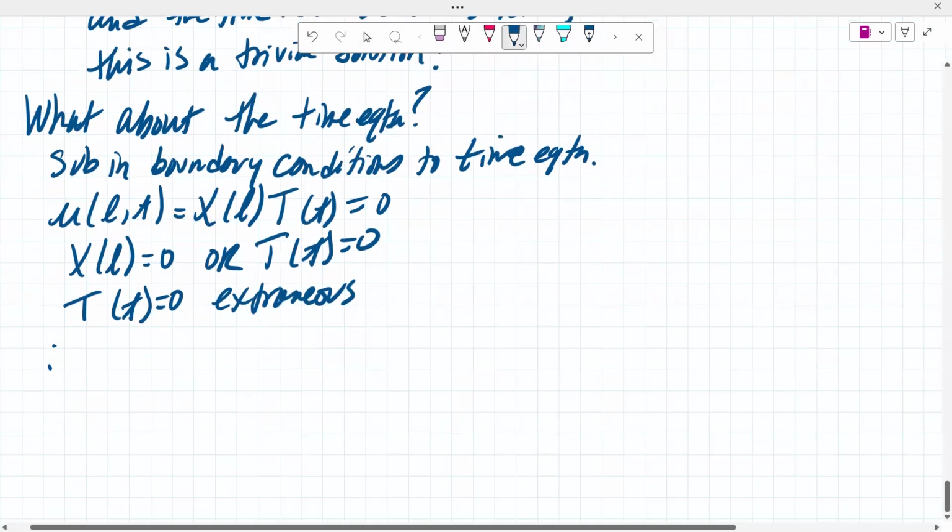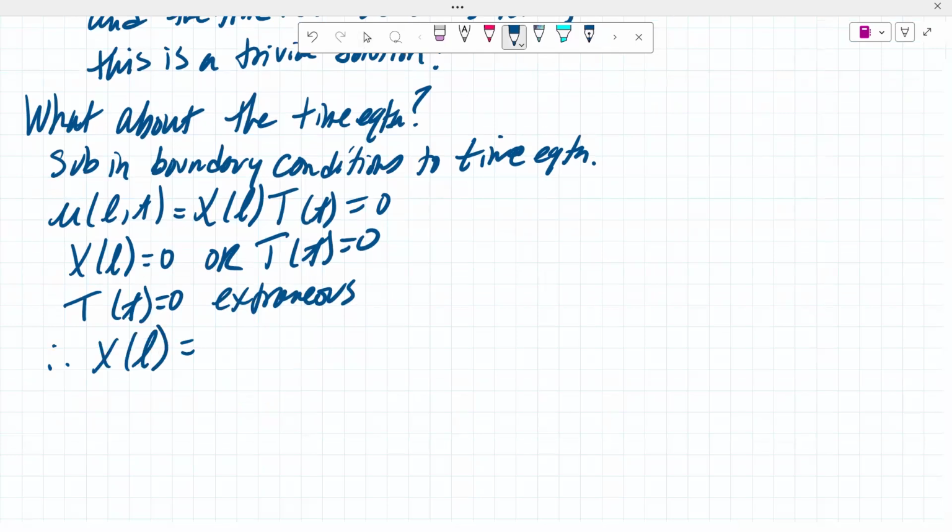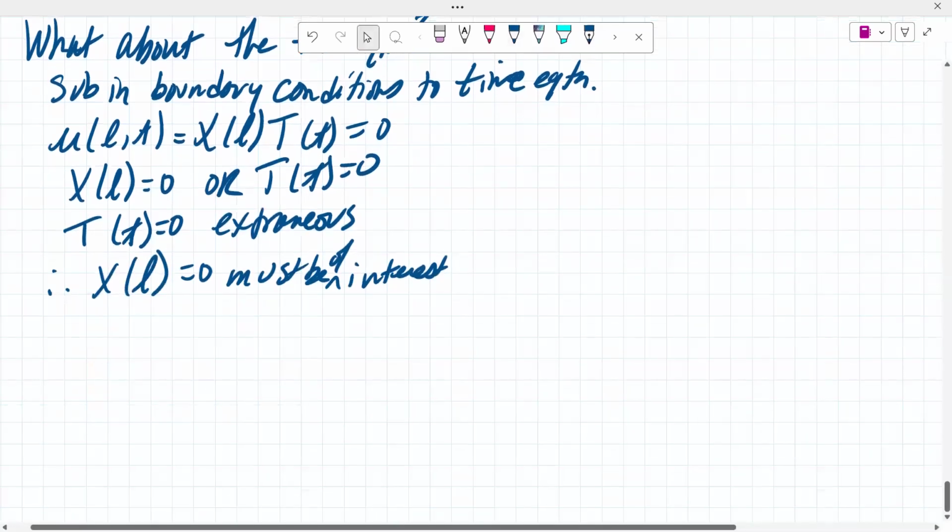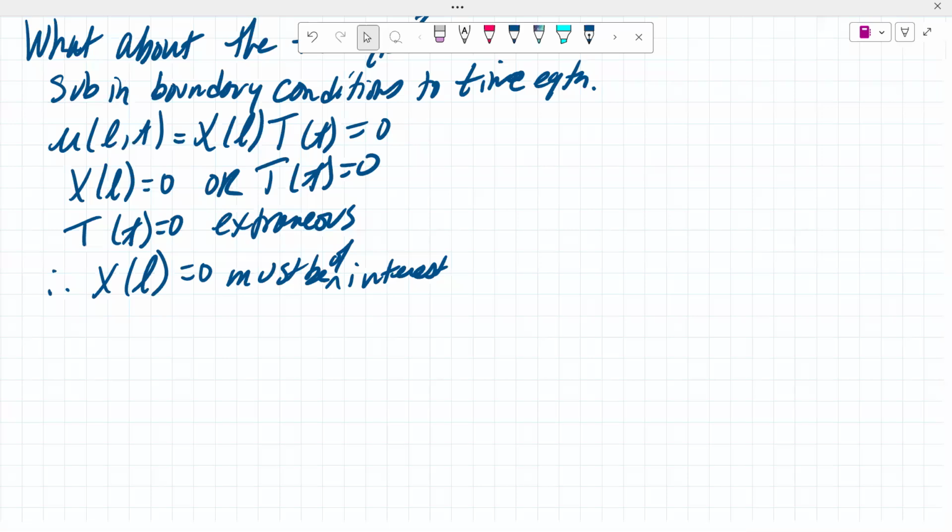So therefore X of L equals 0 must be of interest, so we're going to solve this one.